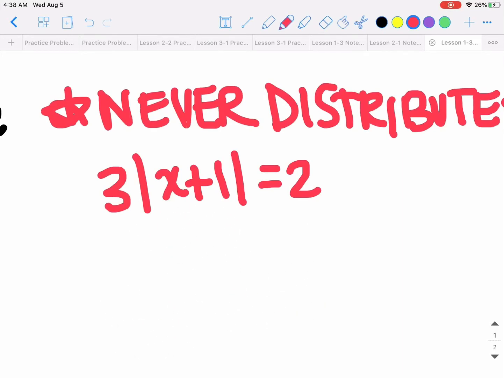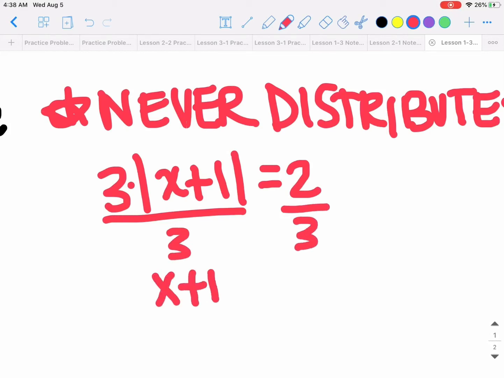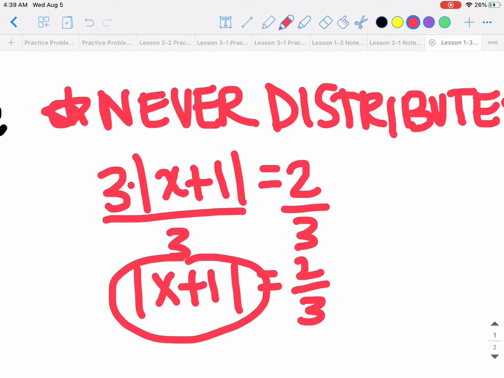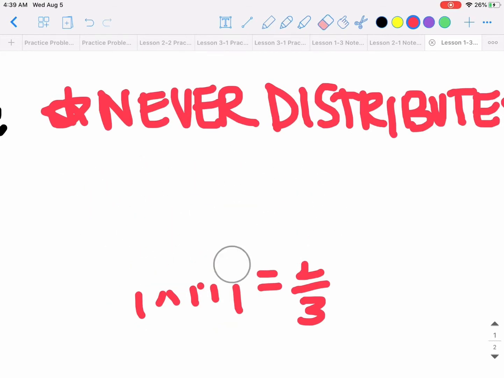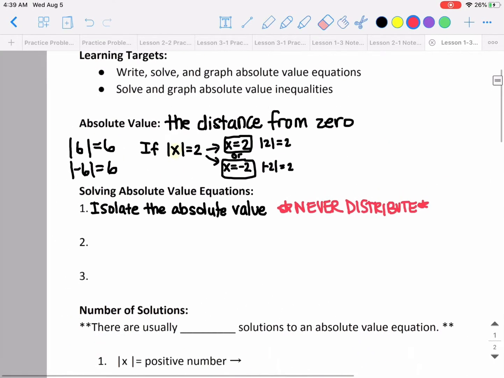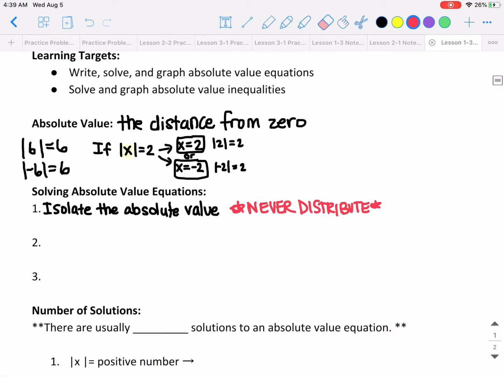Right here I'm multiplying that absolute value by 3, so to undo that I divide by 3. If I do that on the left, I have to do that on the right, so I'm going to end up with the absolute value of x plus 1 is equal to 2/3, and I have now my absolute value isolated. We're going to talk more about that later, but never ever distribute a number into the absolute value bars.